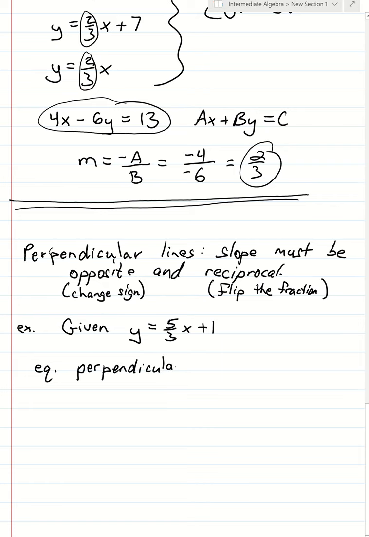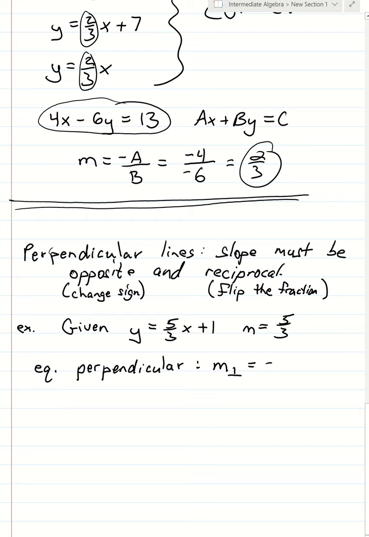Once again, in order for these lines to be perpendicular, we want to look at the slope that we are given, and then the slope that has to be perpendicular. So the slope that we are given is 5/3. Now, the slope that has to be perpendicular, and this is the little symbol that we use to represent perpendicular, once again, has to be opposite and reciprocal. So I start by looking at this slope, and this slope is a positive number, so I have to change it.